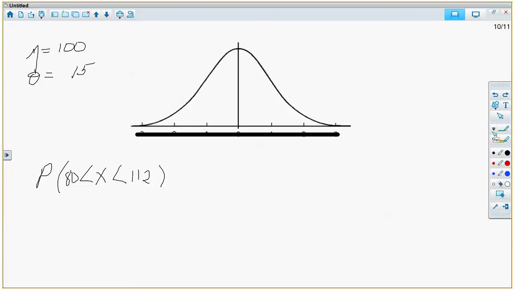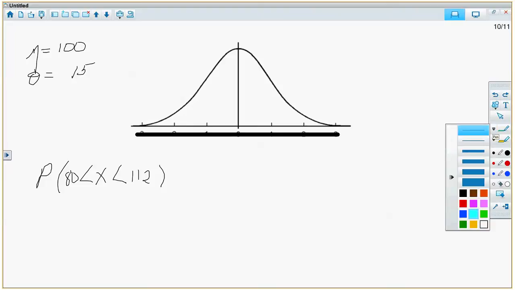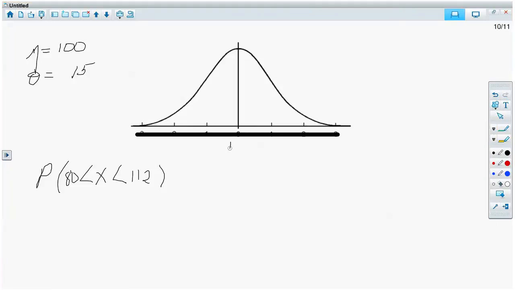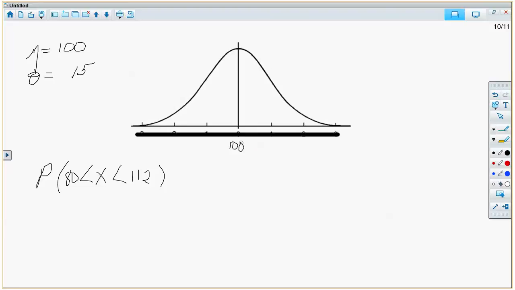I take my handy dandy. That's going to be 100, 115, 130, and 145, and 85, 70, and 55.